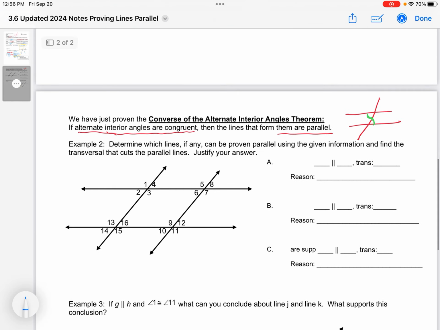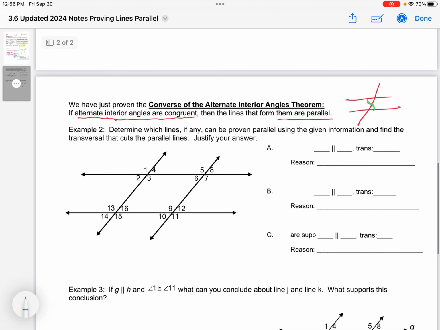Okay, so let's do some work on which ones. We're going to use those converses up at the top to see which ones are parallel. Let's start with... they are not on here. I messed something up.